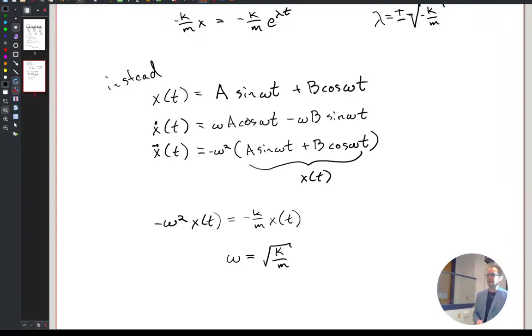Did you cancel x of t on both sides? Yes. Since x of t has to equal itself for all time, you can't pick a constant such that those are not equal to each other, so we can divide through by x of t. That's an algebra step.